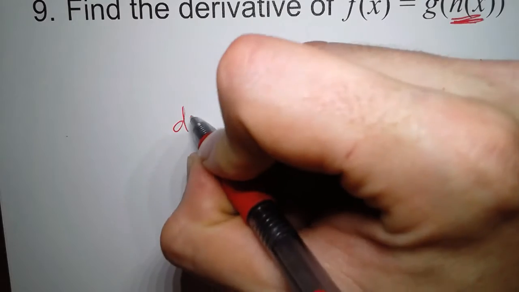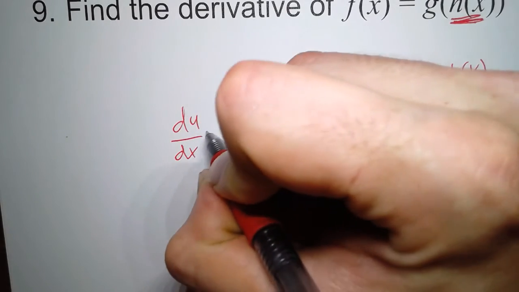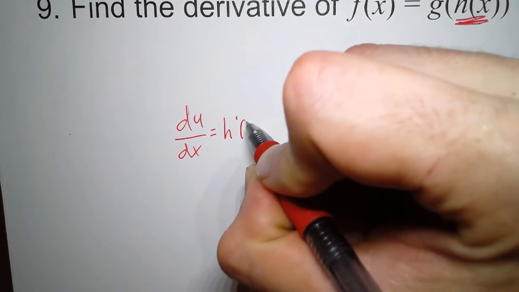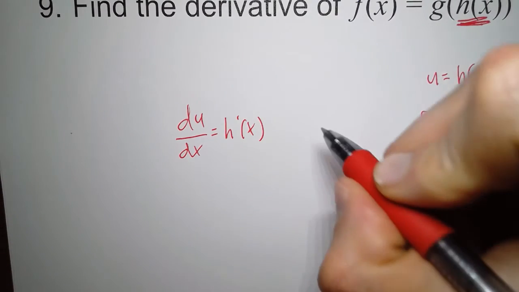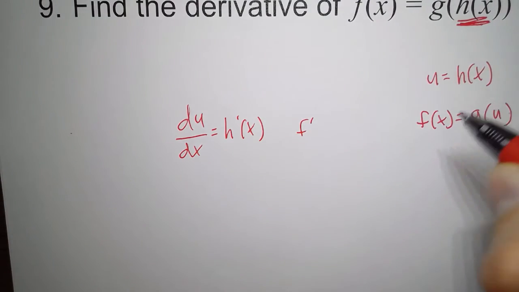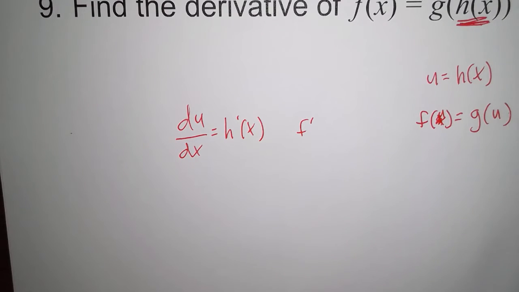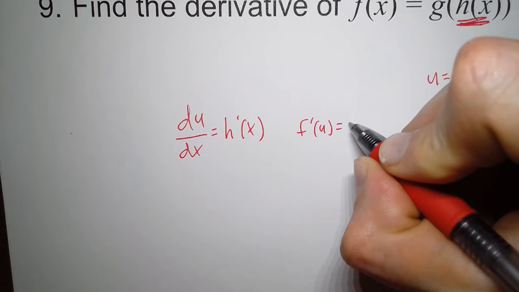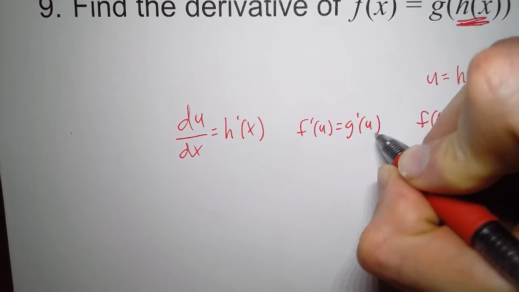So du dx is equal to h prime of x, and then the derivative f prime, and actually that should be a u, there is no x there, f prime of u equals g prime of u.